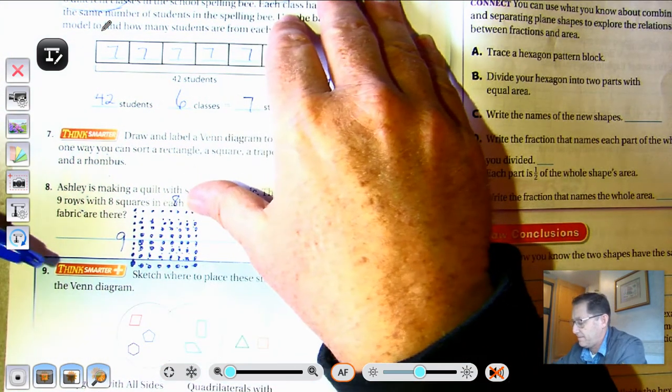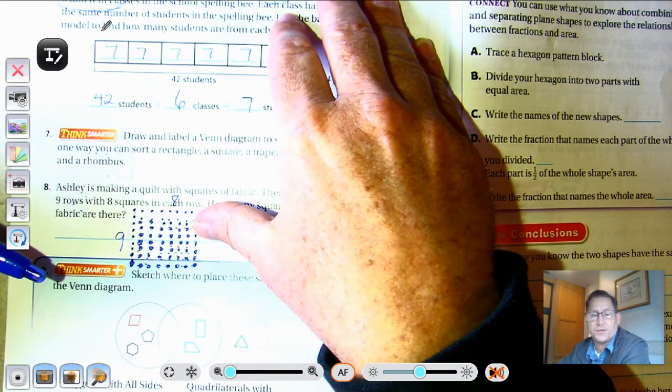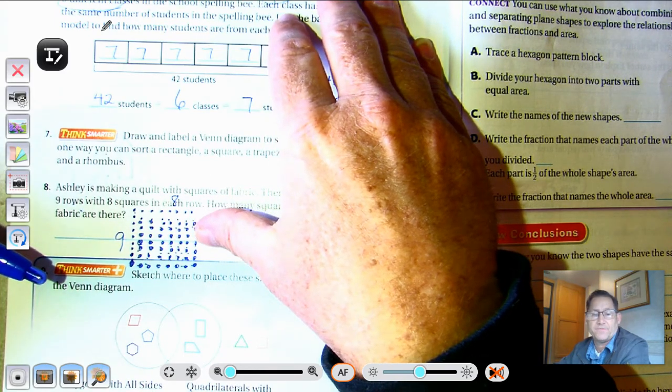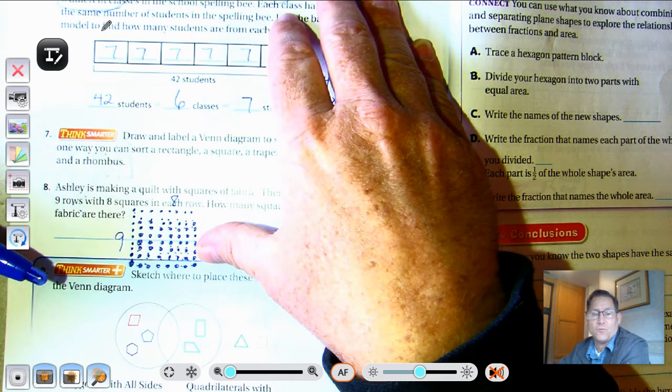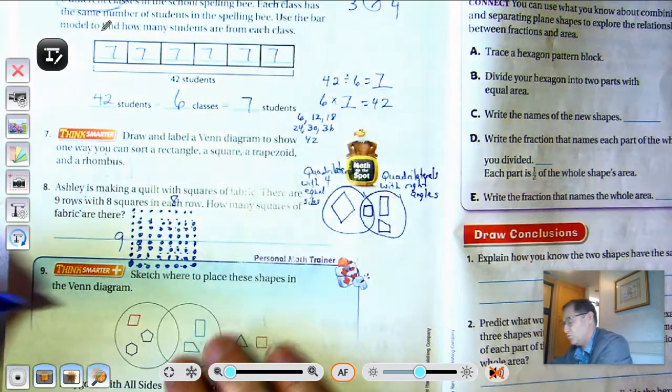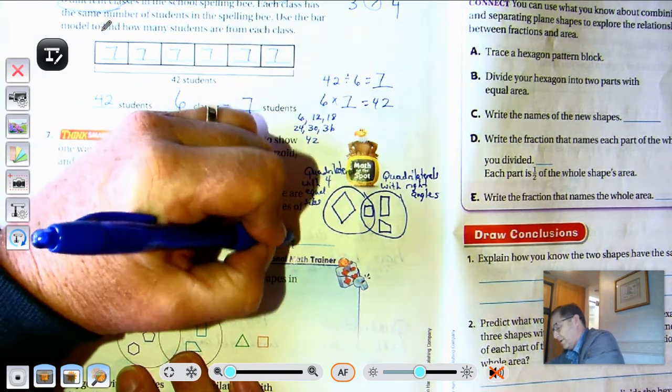Wow, okay, so we have 8, 16, 24, 32, 40, 48, 56, 64, 72. 72 squares.